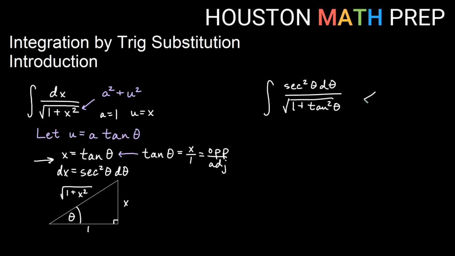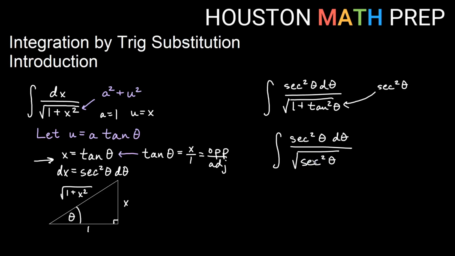Here it is, 1 plus tangent squared theta, which is the same as secant squared theta under the root. So I'll leave the top alone, secant squared theta d theta, and I get the square root of secant squared theta, replacing that using the Pythagorean identity.